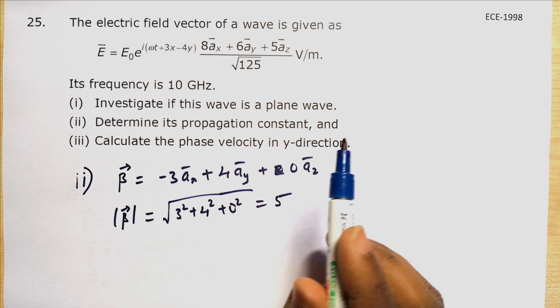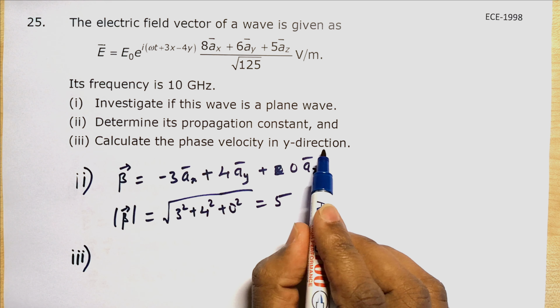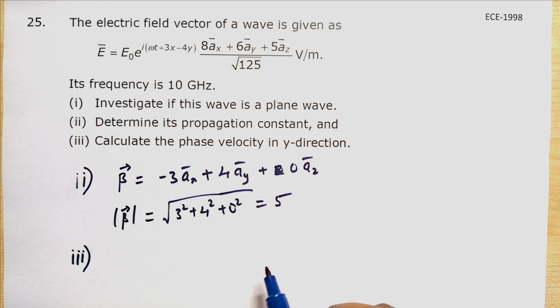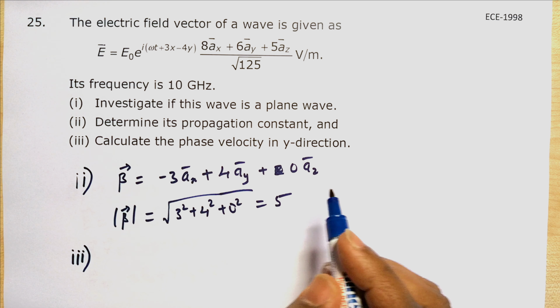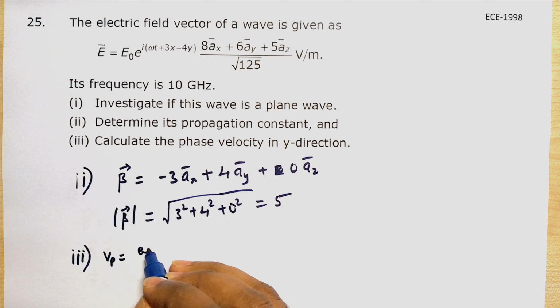And if we go to the third question, we have to find the phase velocity in the y direction. So we know that the phase velocity can be given as omega by beta.